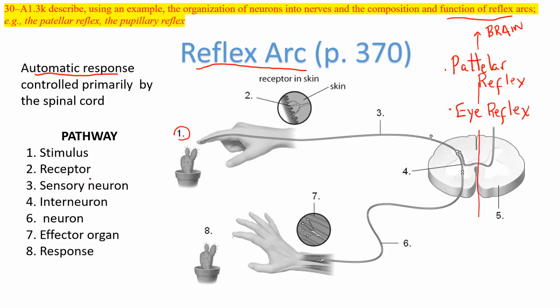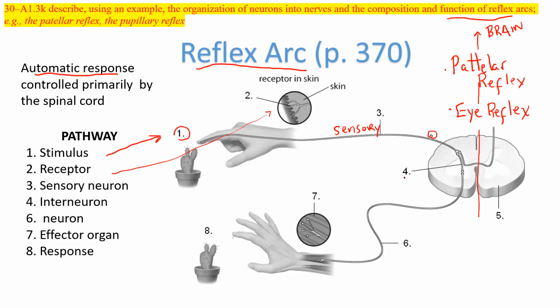So when we look at a reflex arc, we have a stimulus, number one, a receptor on my finger, a sensory neuron, afferent. There is the tiny little cell body of it.